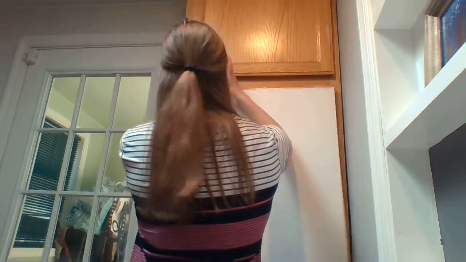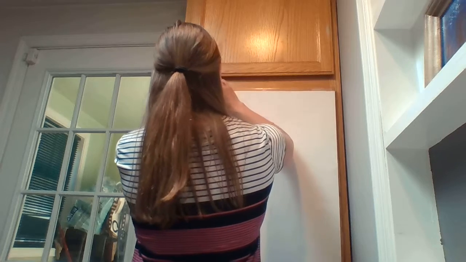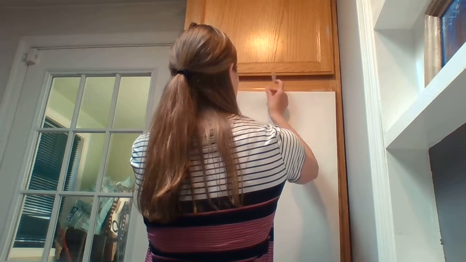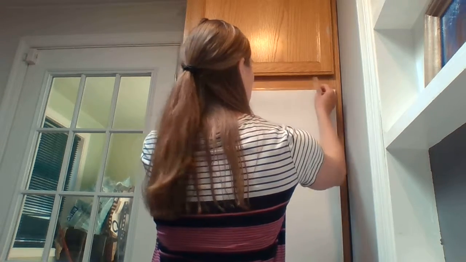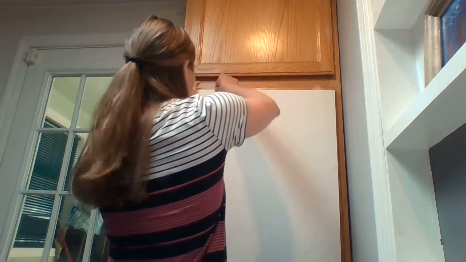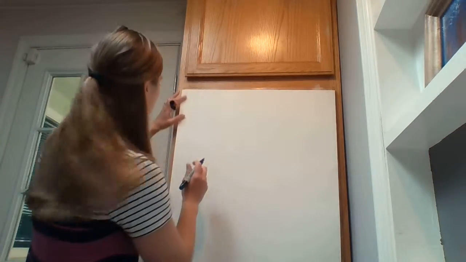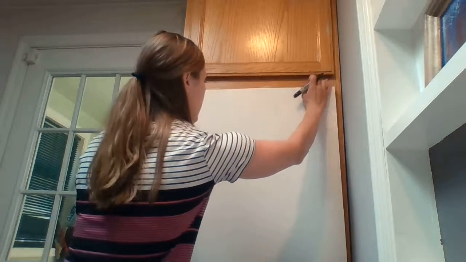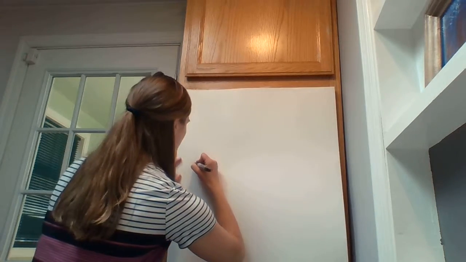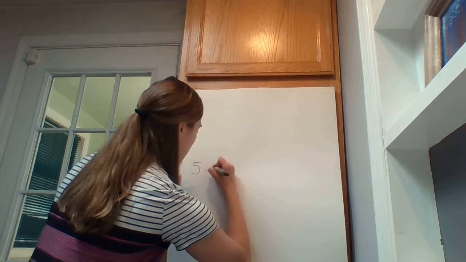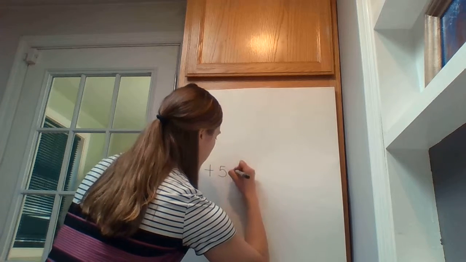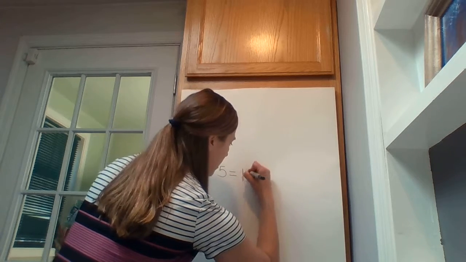An example of this would be, if we use that example of 5 plus 5. If we used 5 plus 5 as our doubles example, so I'm going to write this a little further down, right about halfway through our page. I'm going to write 5 plus 5 equals 10.